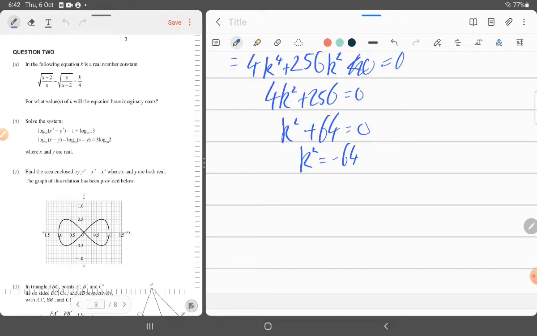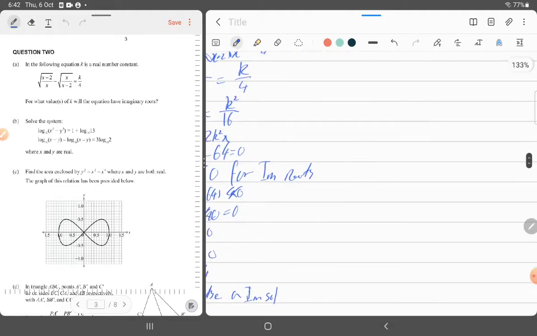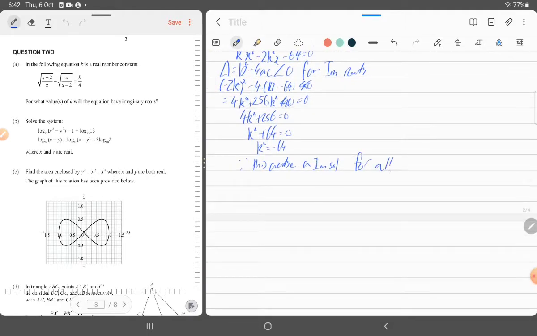So since this creates an imaginary solution for all values of k, all values of k will create imaginary roots.